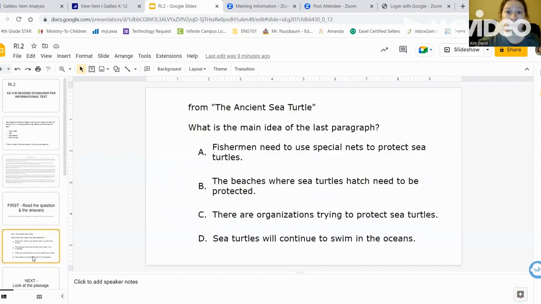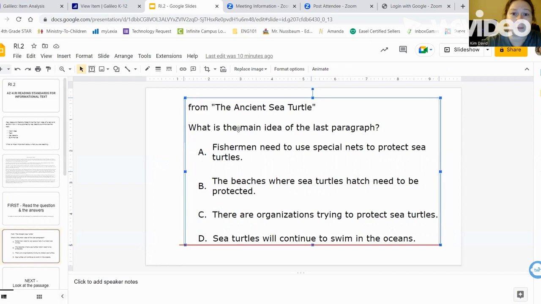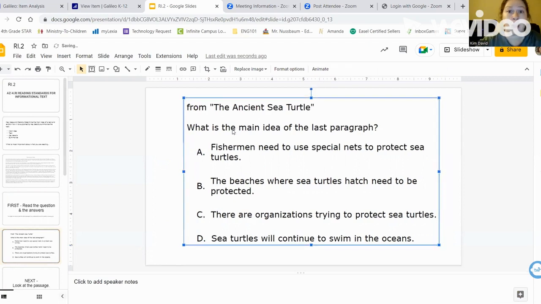So if we look at this, the question says, from the ancient sea turtle. So that means that passage, that text about the ancient sea turtle, what is the main idea? So what is the most important part of the last paragraph?